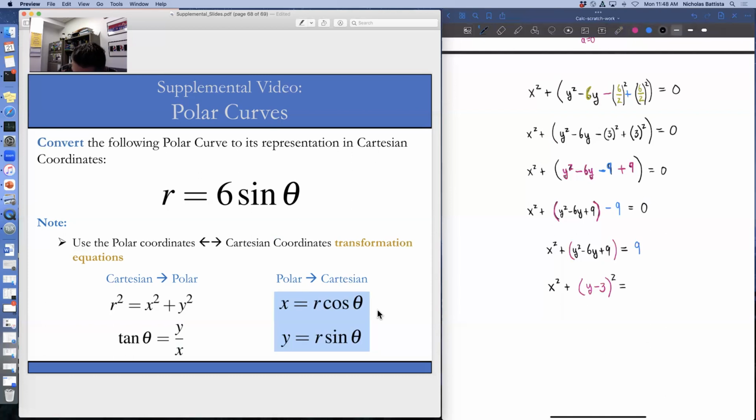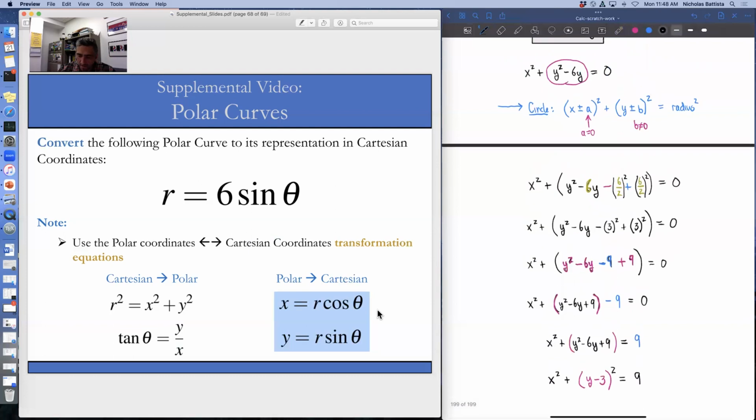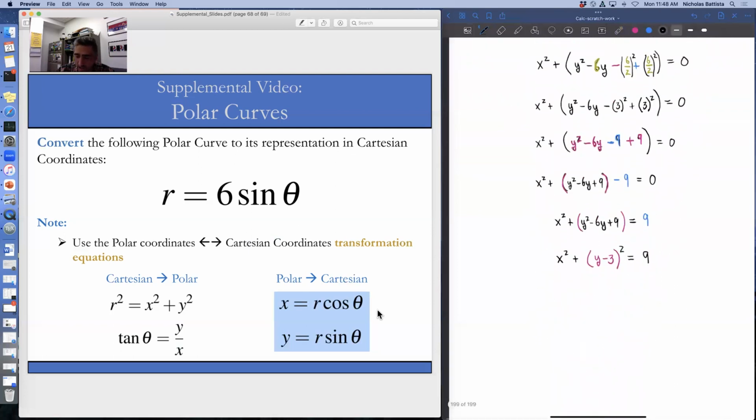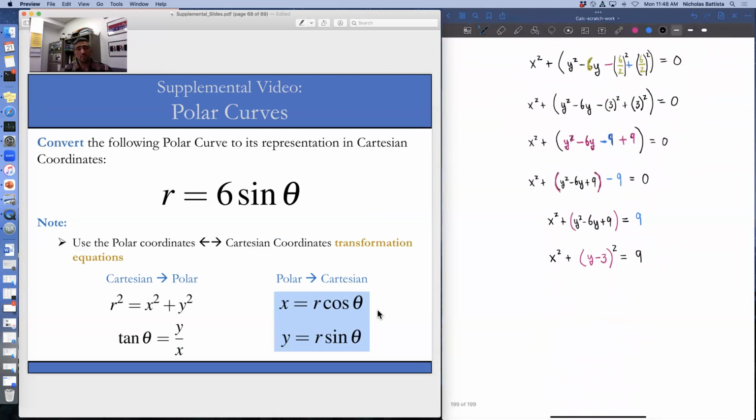So this thing equals 9. So we've actually just taken that same equation that we had before, done some completing the square on it, and shown that the equation that we found in Cartesian form represents a circle. So at this junction, we actually have an equation that describes a circle for us.